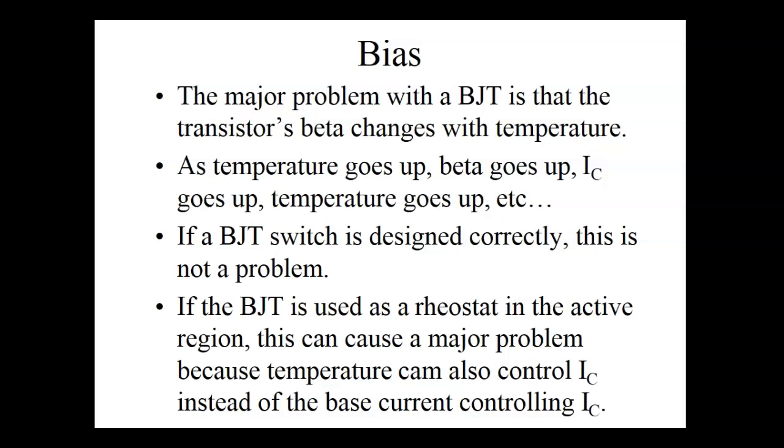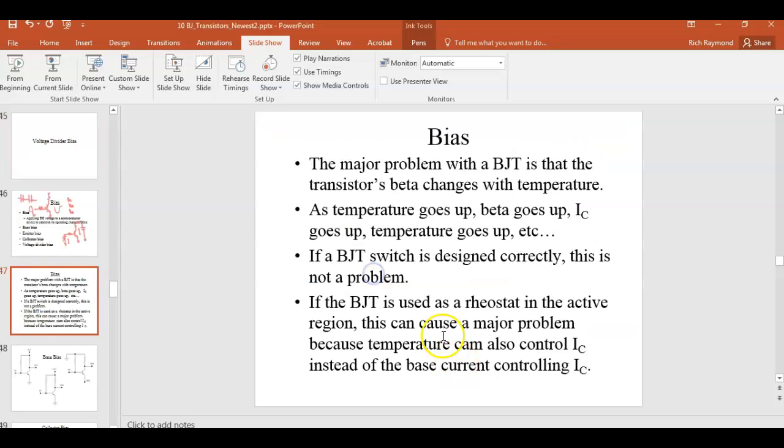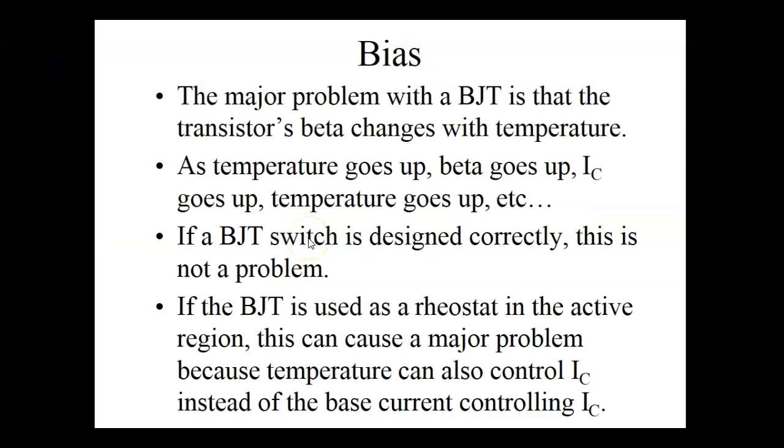This can cause major problems because temperature can also control the IC, and that would give us all kinds of problems, right? So this is what we're going to have to figure out.